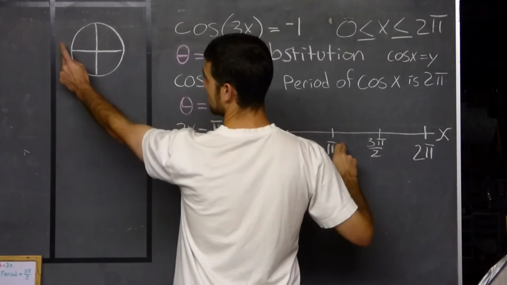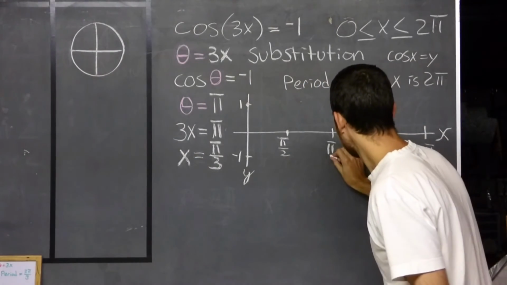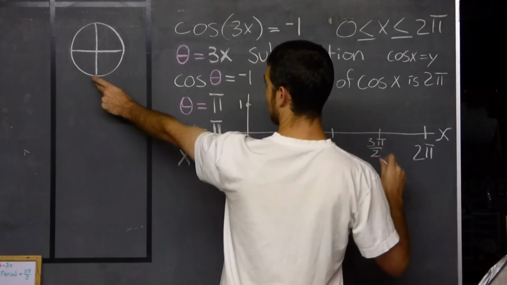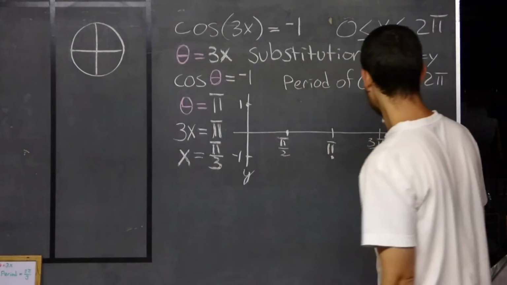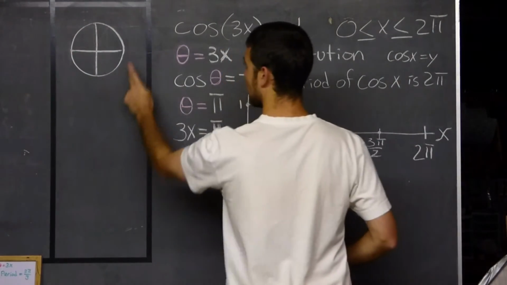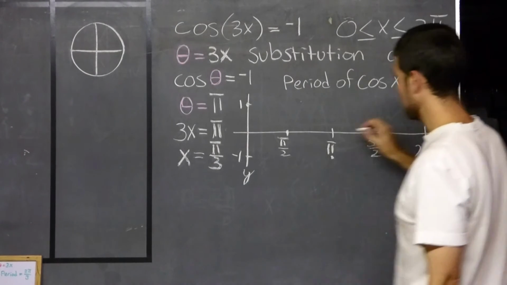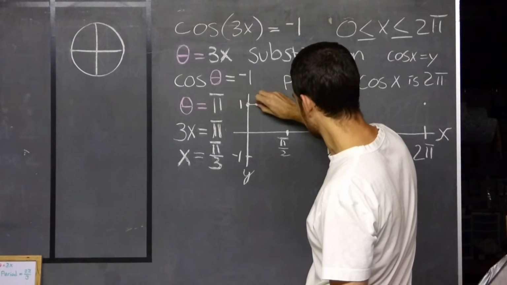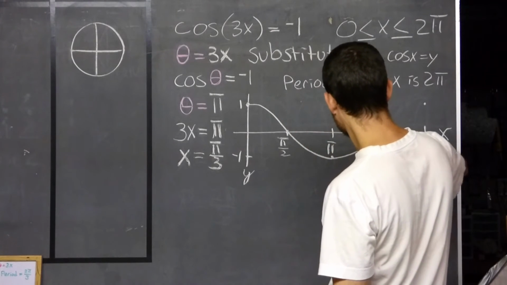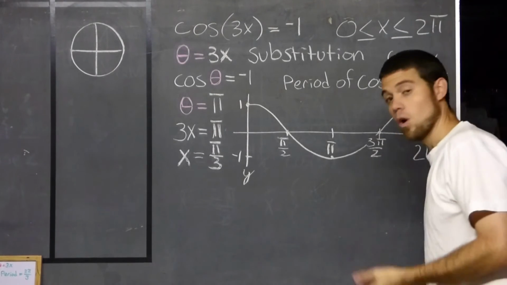Pi radians brings us to here where we're at -1. 3 pi halves brings us back to here where we're at 0. And 2 pi radians brings us all the way back to where we started, which was at 1. So our parent function looks like this. Now, that's one period.